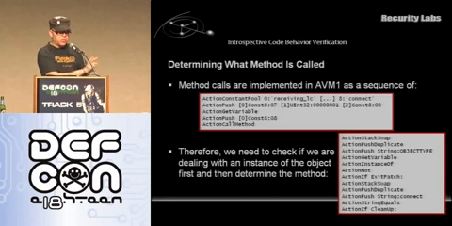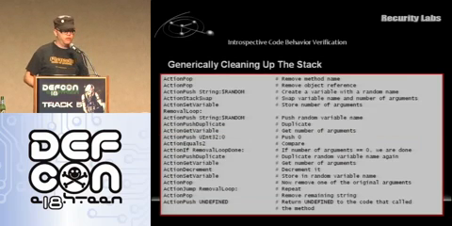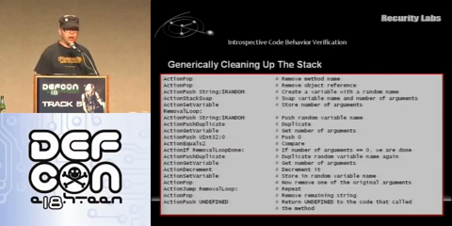So you see it's a lot of code that goes into just finding out what the method of the object was. And if you actually decide to not call the method of the object, that's the amount of code that you need to clean up the stack and do stack unwinding in AVM1.